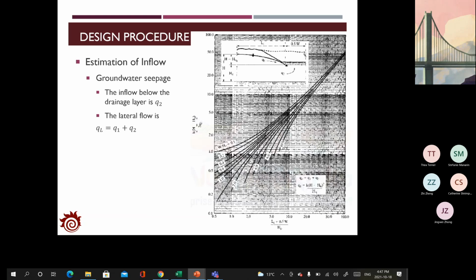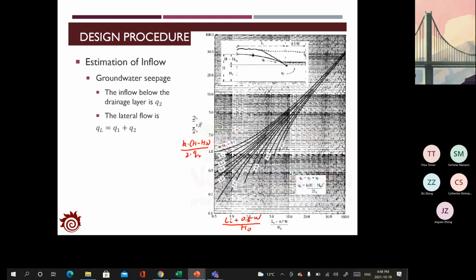And actually, you can use the figure on the right to find out the value. The horizontal axis would be (Li plus 0.5 times W) divided by H0. And the vertical axis represents the value of K times (H minus H0) divided by 2 times Q2.